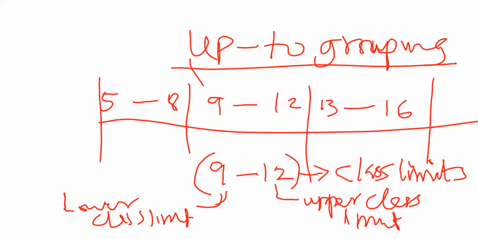For instance, this is 9 because it's a whole number. I'll subtract 0.5 from it. It will now give me 8.5. So that 12, I'm going to add 0.5 to it. It becomes 12.5.